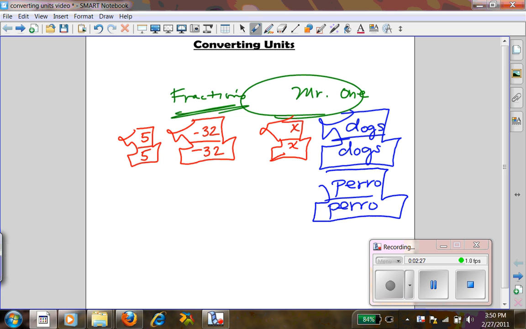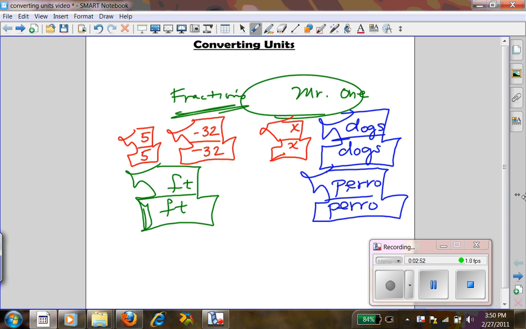A perro over another perro is 1. That's Mr. 1. Dog over dog. I could do, let's say, feet over feet. Feet over feet is going to be Mr. 1.